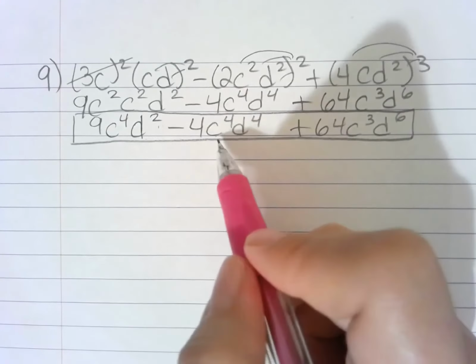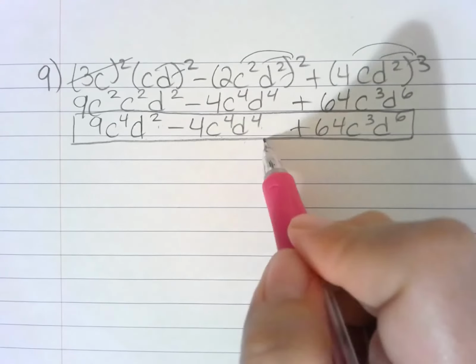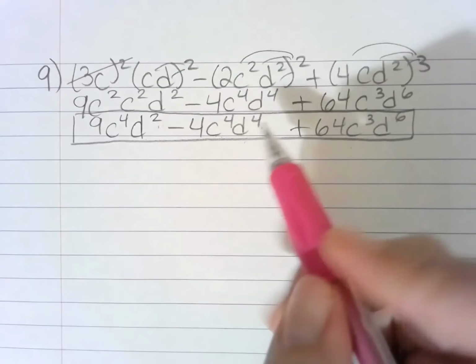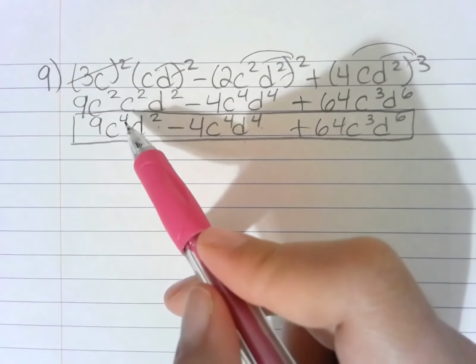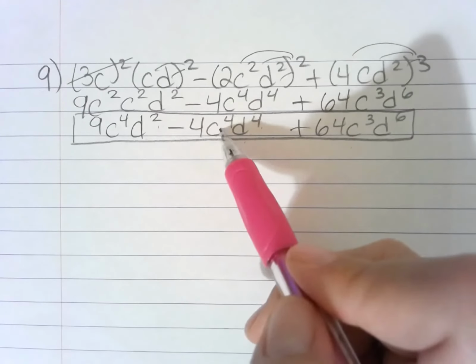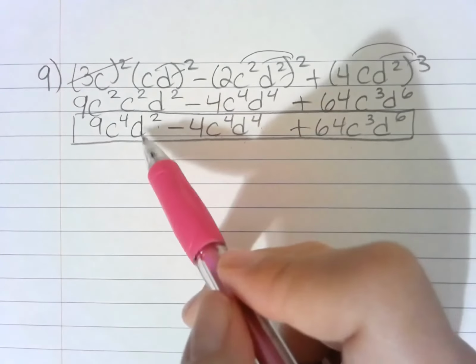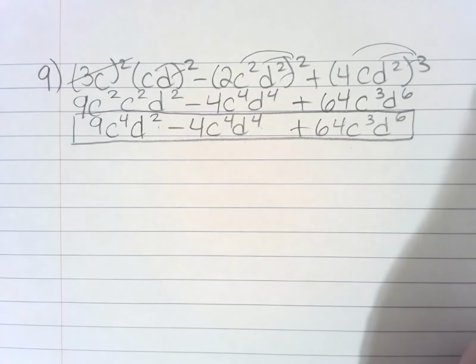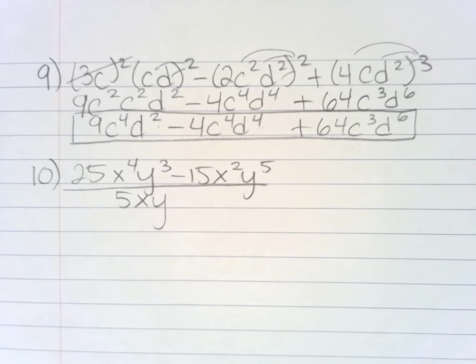Or if it was like c cubed, d to the 6th, then we could combine these two together. But since they're all different, meaning they all have different exponents, c to the 4th, c to the 4th, c cubed, d squared, d to the 4th, d to the 6th, then we can't actually combine them together.